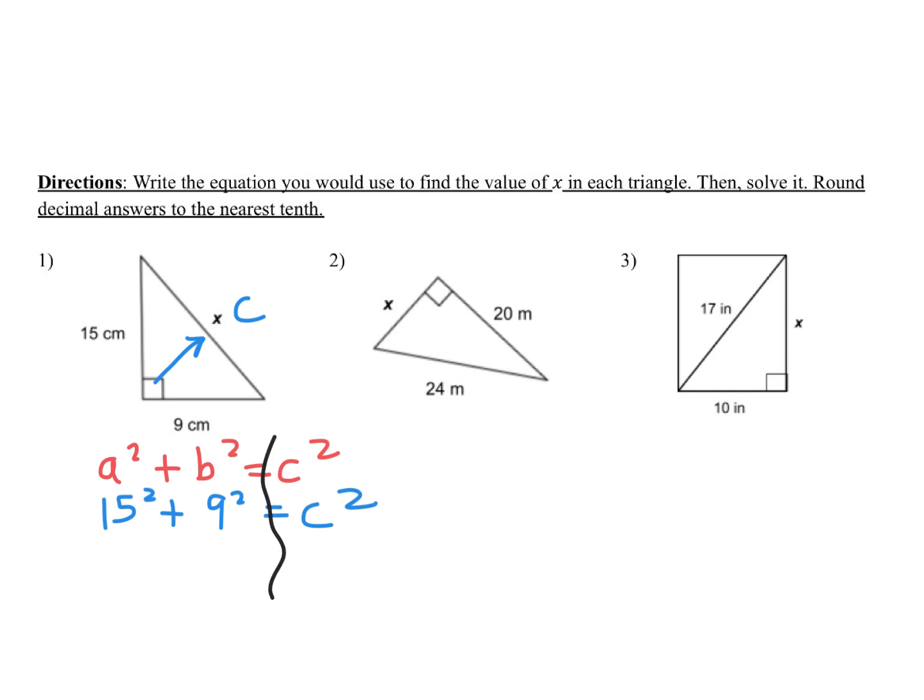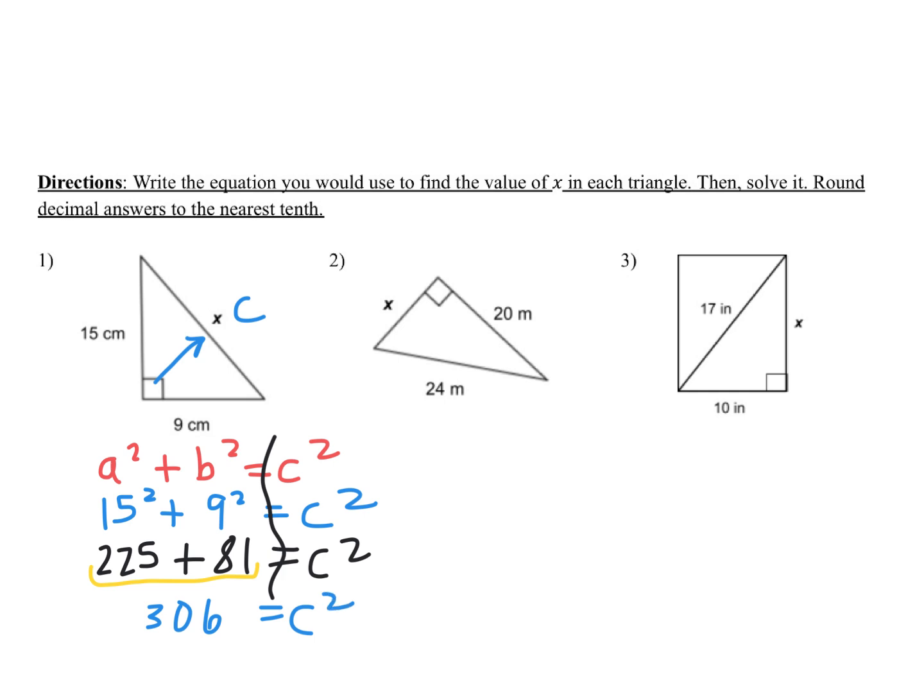15 squared, that means 15 times 15. That's 225. Plus 9 squared, 9 times 9 is 81. Gives us C squared. Now go ahead and add that together, and that adds up to 306 for C squared.